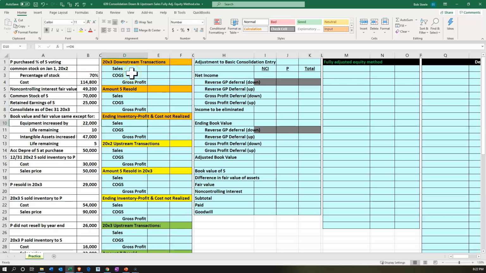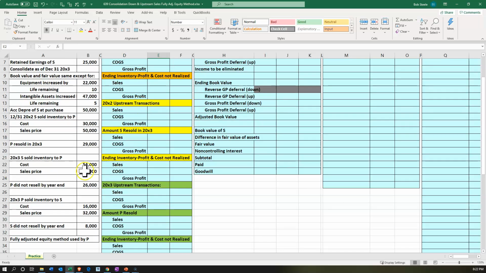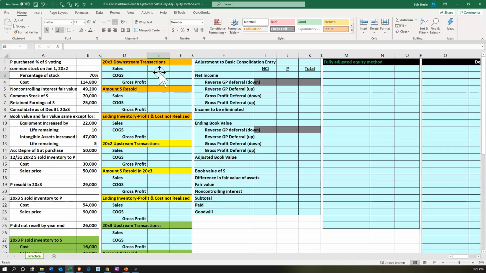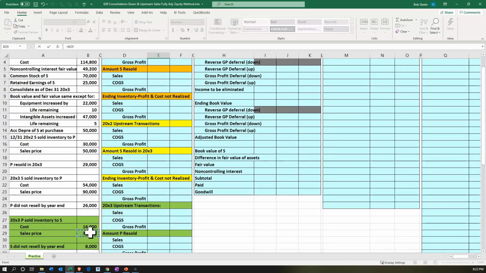So we're going to start off with the current year, 2000X3 downstream transaction. We're going to be picking this up from this item. So I'm going to color it green. I'm going to try to color them green as we go. And so this is going to be equal to the sale that's given to us of the 32,000.